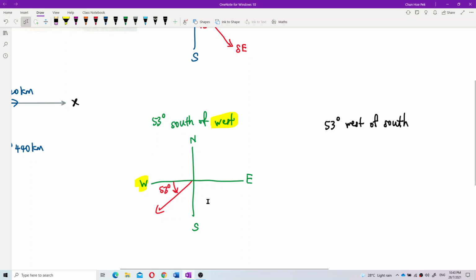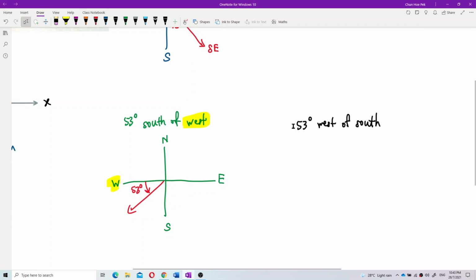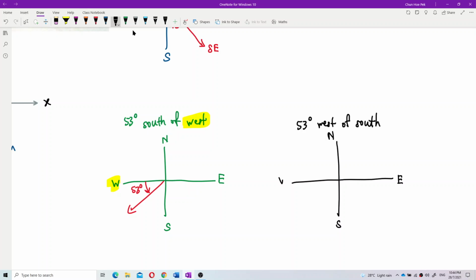But if the question says 53 degrees west of south, then where do you think the angle will be? Okay, let me draw it out. So this is northeast, southwest. So west of south means we look from south, which is this one.